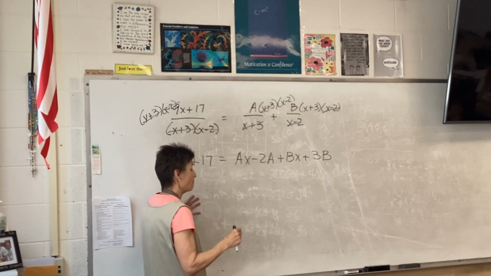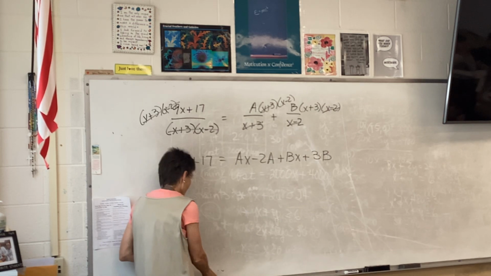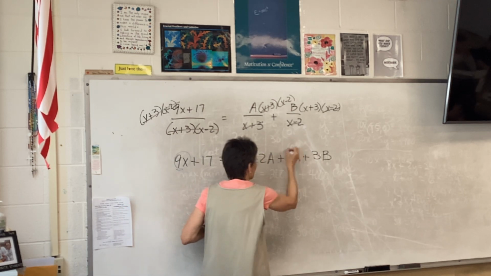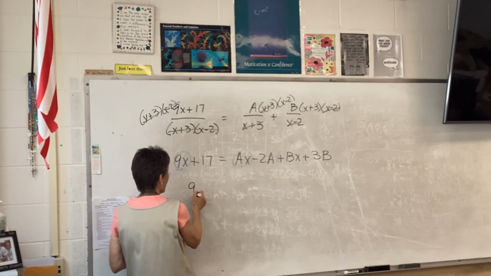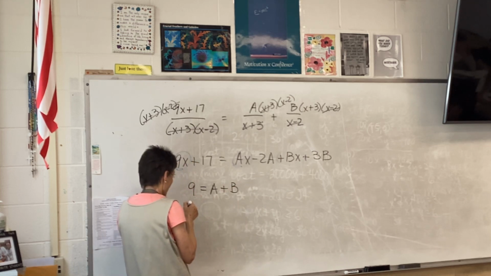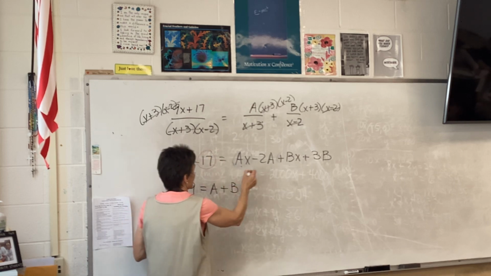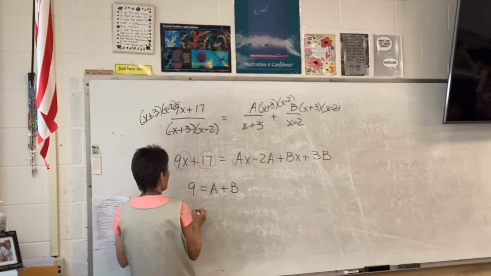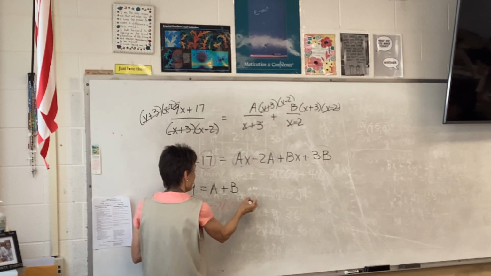Now we make our equations by looking at the x things as one equation. So that would be 9 equals A plus B. And then the non-x parts, 17 equals negative 2A plus 3B.